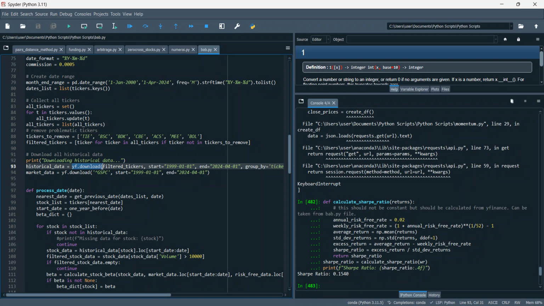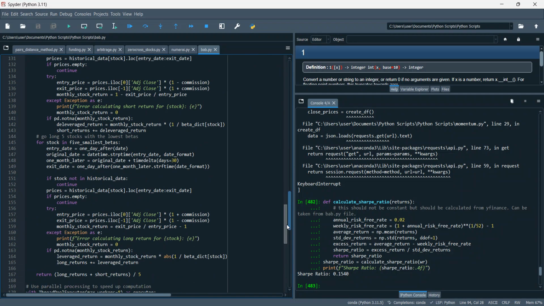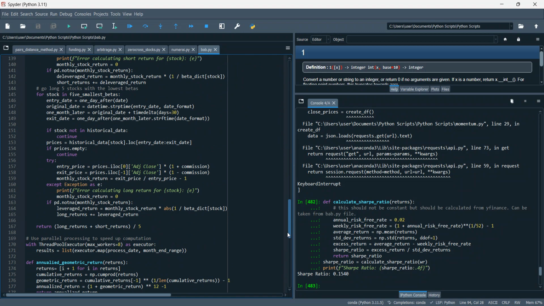We download all our historical data starting from 1999 to 2024. And then we also do the same thing for market data, which is, as you see, the S&P 500 index. And then we go through all the data.